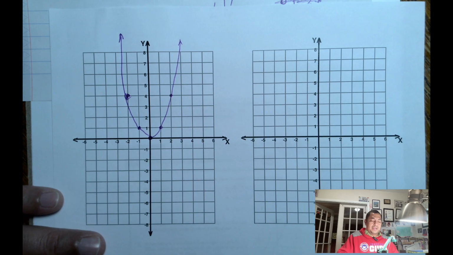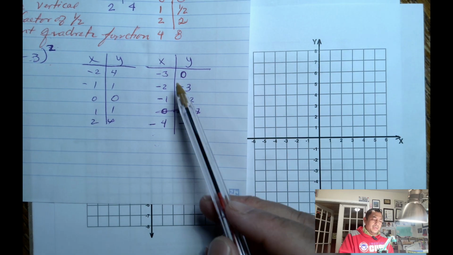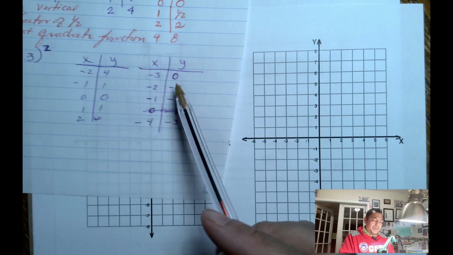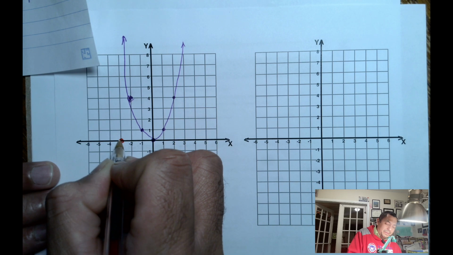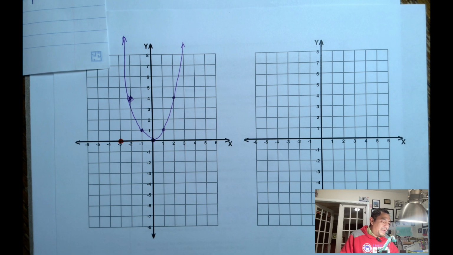Okay, and now with this function that we have here, I have that negative 3, 0, that's my x-intercept.